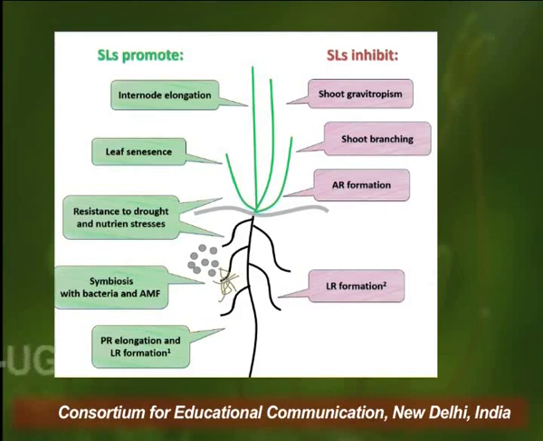It promotes the senescence of the leaves. It also promotes the symbiotic effect along with the various fungi that are present in the soil. It promotes the elongation of the primary root, and as I told you, if the concentration is right, it also promotes the formation of the lateral roots. So these are the various effects that are exhibited by the strigolactones.